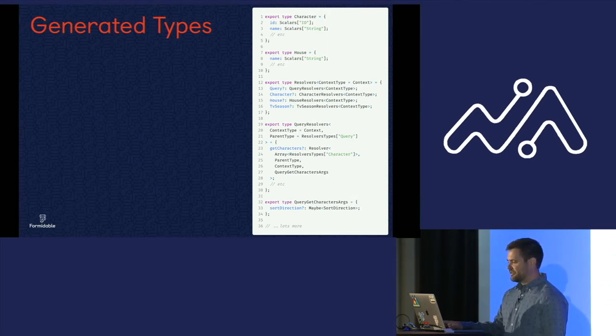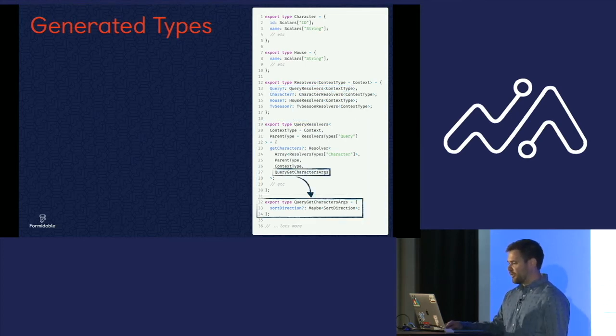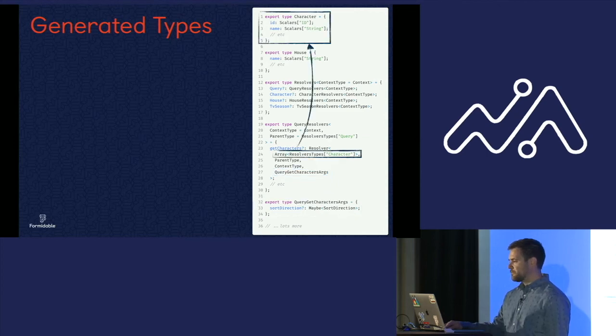It's not important to understand all of this stuff, but I wanted to show you what it generates to prove that it's not magic. Here are our entities, resolvers, details about the query resolvers, and then details about the get characters query, the parameters, and the return type.